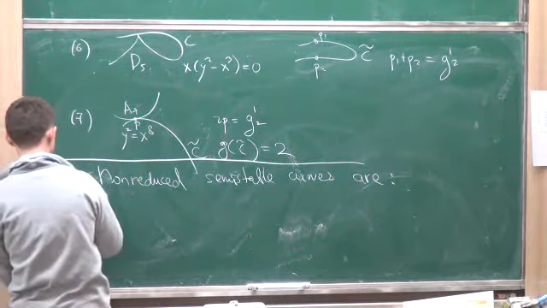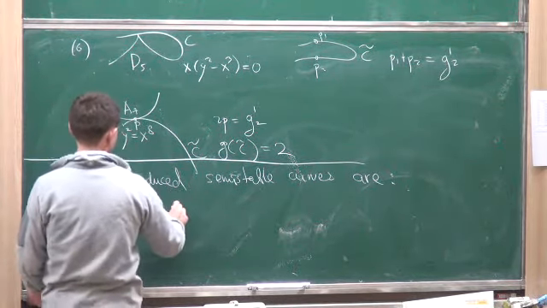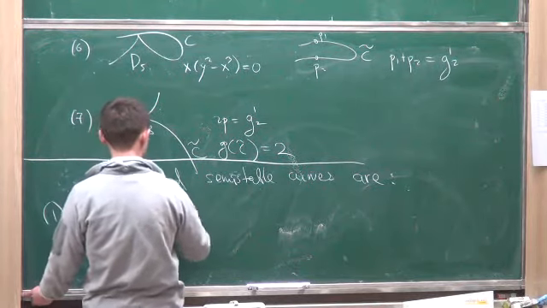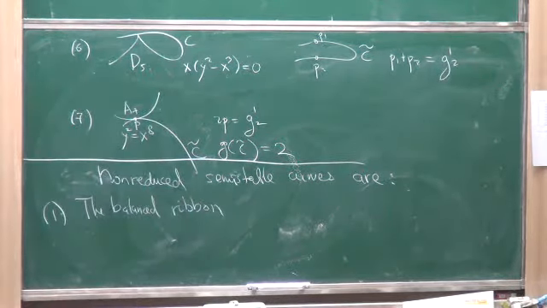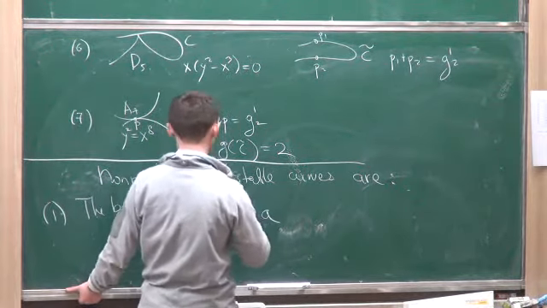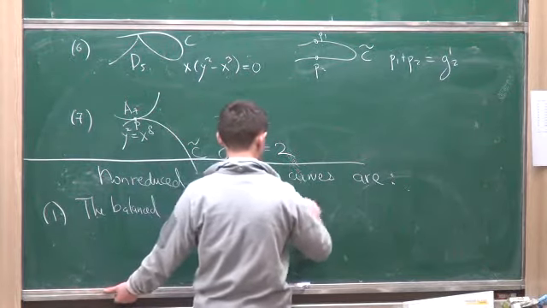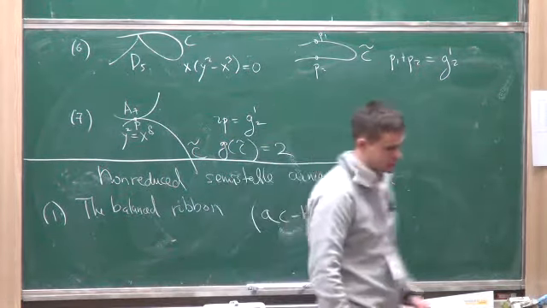First, we have the so-called balanced ribbon. This is the ribbon that we saw yesterday, a particular case of genus 5, and the equations for this ribbon are as follows.